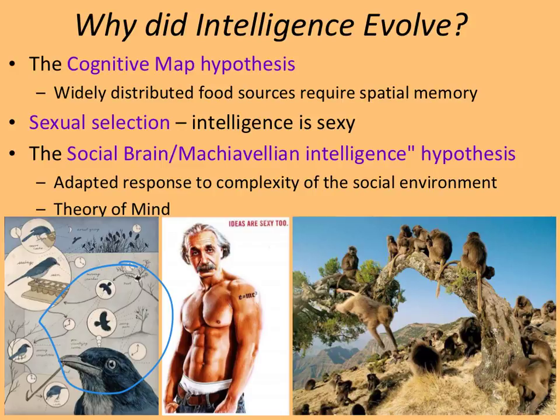It's called theory of mind. That's an ability to put yourself in someone else's shoes. You can see how that might be beneficial. You look at someone, and you think, I don't know if I trust that guy.